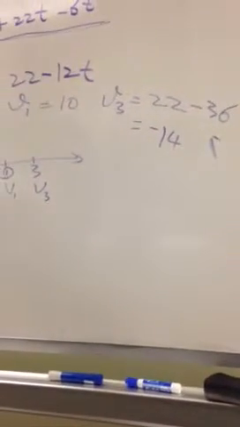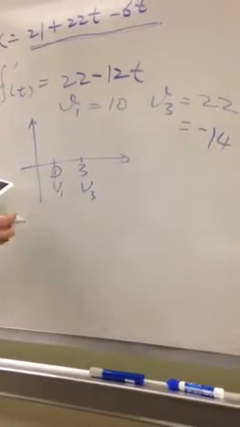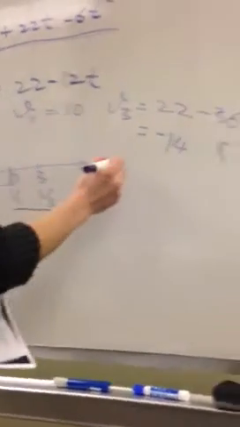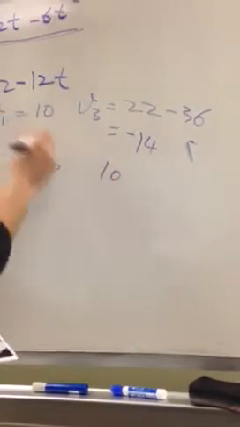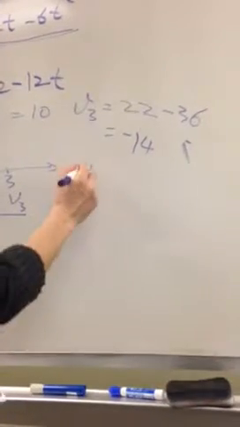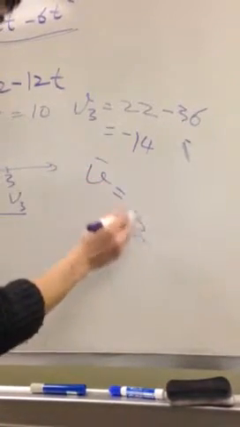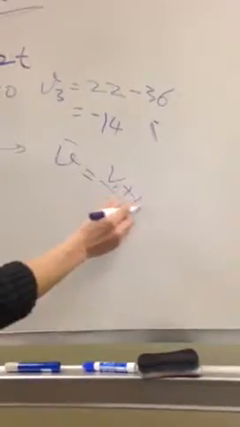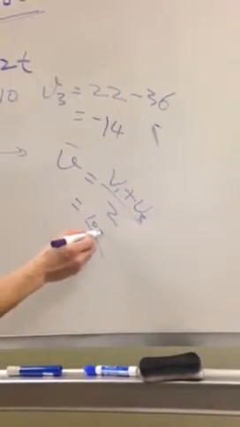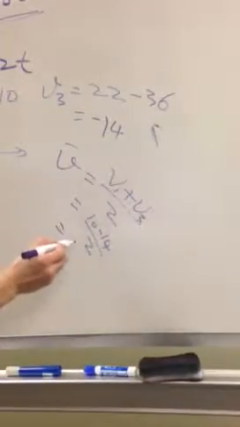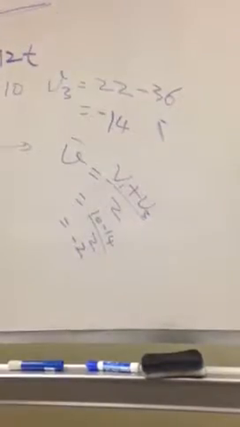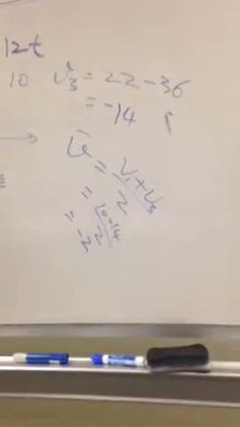So the question is asking what's the average velocity between 1 and 3. So the average will be V1 plus V3 over 2. It will be 10 minus 14, that's minus 2. Negative 2. That's the answer, it's C.